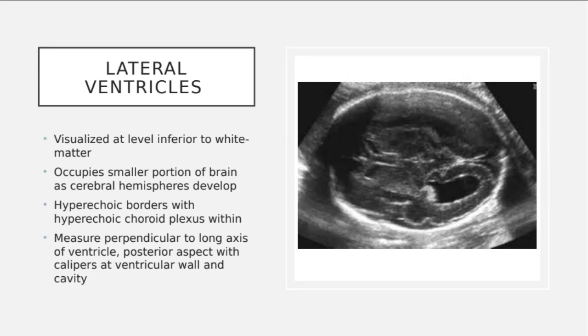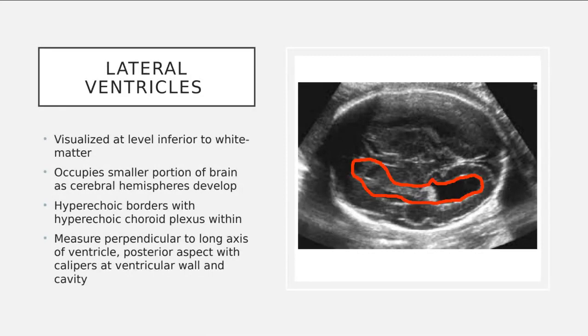Our ventricle itself is right here. We kind of lose it a little bit there with our picture. That's going to be our ventricle. This is our choroid plexus, which isn't the best picture of it, but what we're looking at mainly is this anechoic fluid right towards the front of this baby's head.